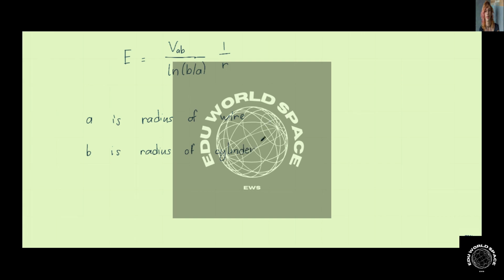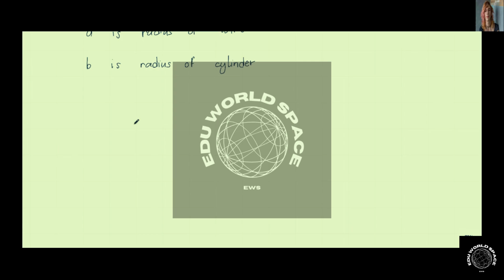So we have an expression here for our electric field, and we can use this expression to calculate the electric field at any point R from the center. If we look at part A, we want to look at the point that's midway between the wire and the cylinder wall. So in this case, the radius R is obviously (A plus B) over 2.